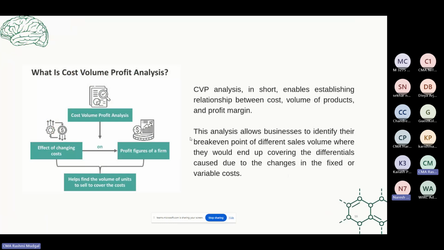This analysis allows businesses to identify the break-even point, and different sales volumes where they would end up covering the differential caused by the change in the fixed and variable cost. It also establishes the relationship between cost, volume, and profit margin.